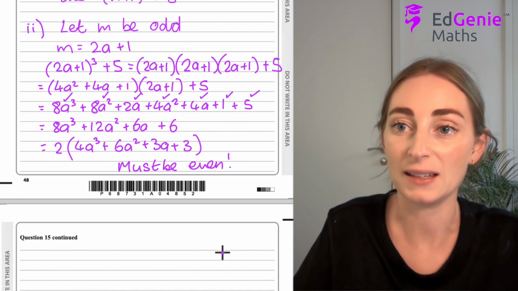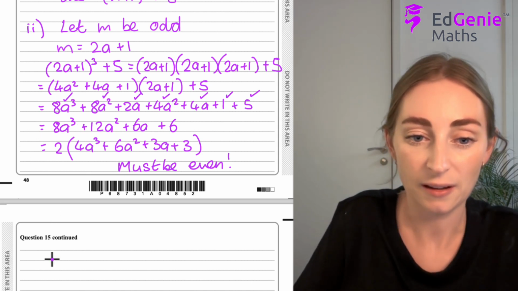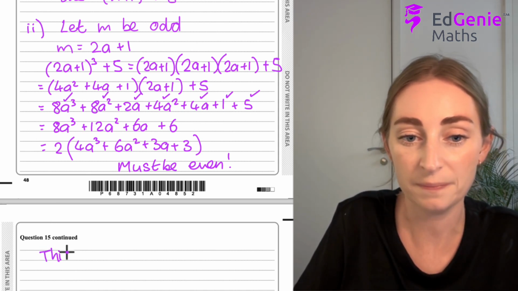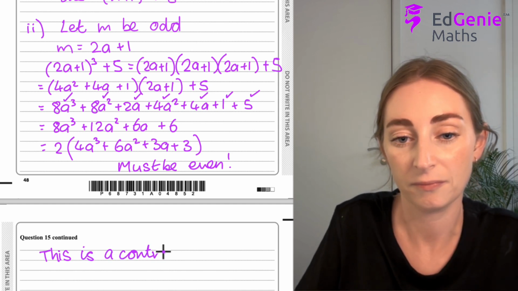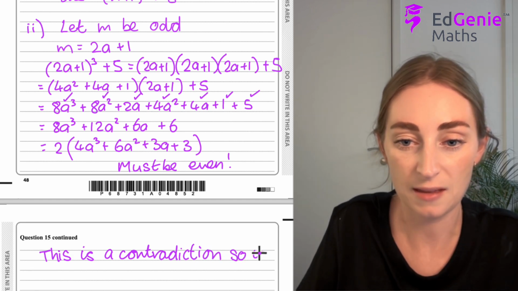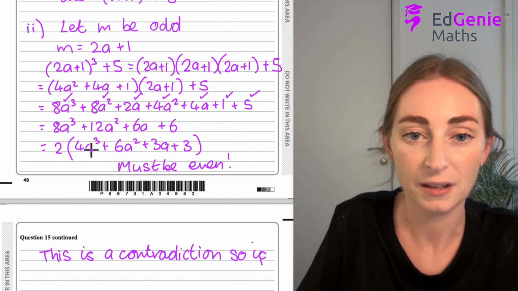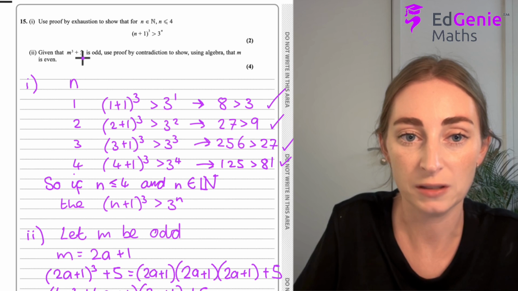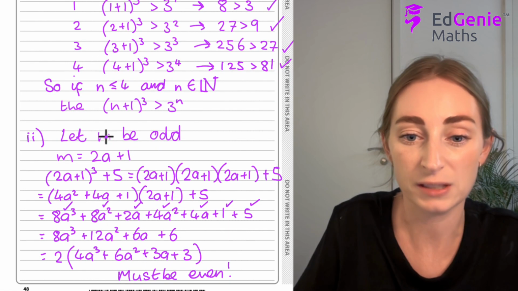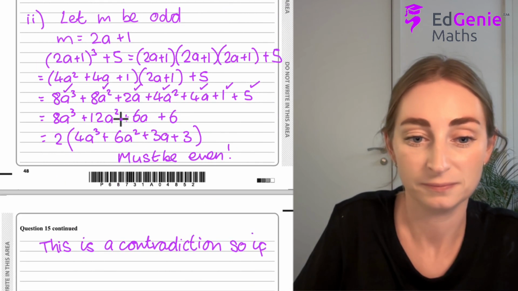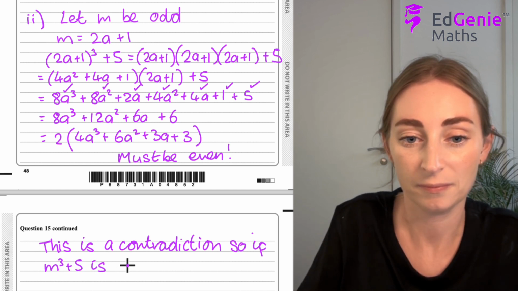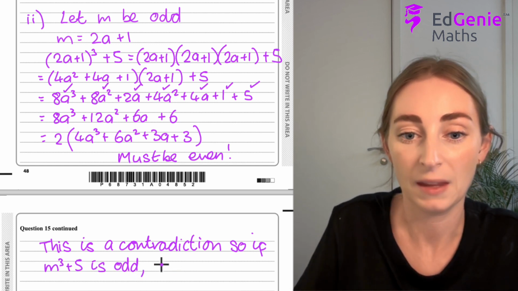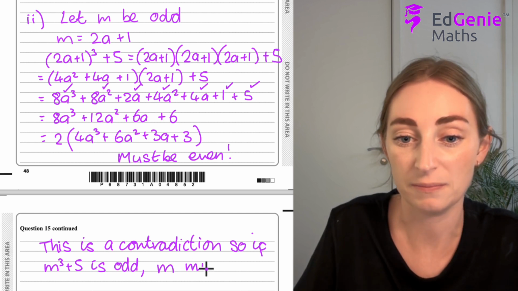Then we just need to make a statement. Something like, this is a contradiction. So if, what was it? Check back on the question. m cubed plus 5 is odd, m must be even.